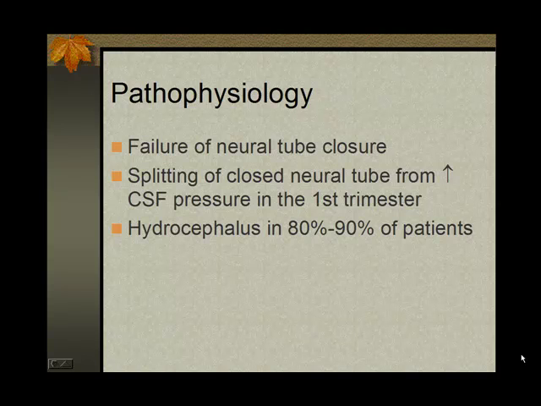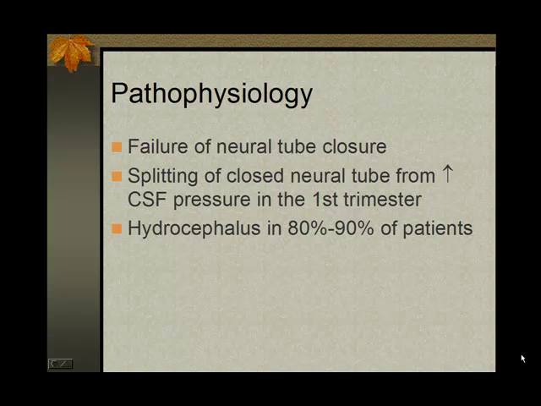Pathophysiology: there's a failure of the neurotube to close as it's developing. We get a splitting of the closed neurotube from increased CSF pressure in the first trimester. About 80 to 90% of these kids will have hydrocephalus, and that's kind of a chicken and egg scenario. Did the hydrocephalus make increased pressure that then pushed the meninges out, making that meningocoele, or did the meningocoele happen and change the flow of CSF that then increases the pressure?